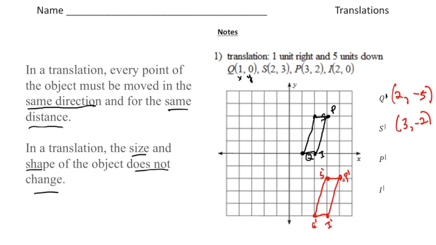The location of P prime is over 4, and then down 2, so (4, -2). And lastly, I prime is over 3, and then down 5, so it's (3, -5).